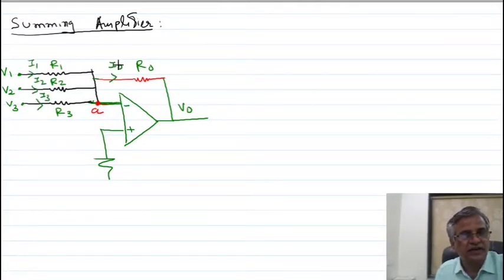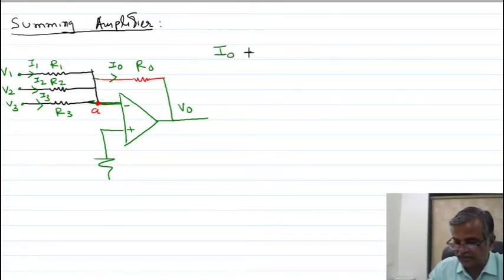Due to the infinite input impedance of the op-amp, the input terminal does not draw any current. Due to the infinite open loop gain of the op-amp, the voltage drop between the two input terminals tends to 0. As a result, the current passing through the resistor R0 is the sum of the input currents I1 plus I2 plus I3.